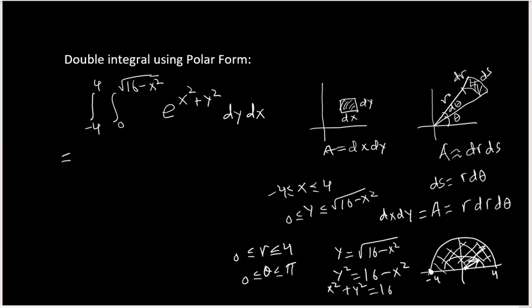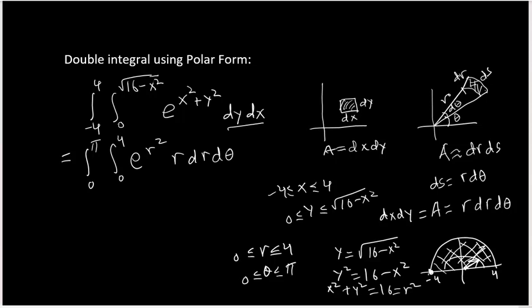So then my integral is ready now for the polar form. You can write first theta 0 to pi, then you have r is 0 to 4, and then e to the x squared plus y squared. As you know from polar coordinates, x squared plus y squared is actually r squared. So we are saying e to the r squared, and dy dx will be replaced by r dr d theta.